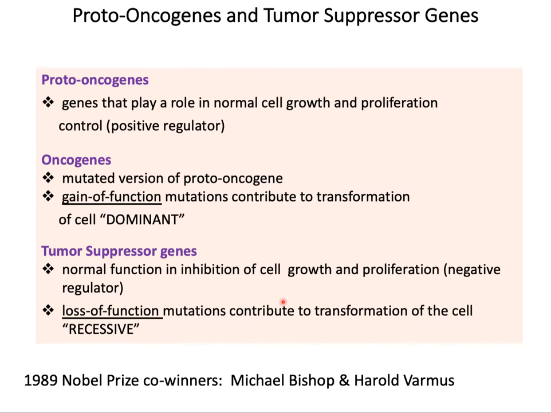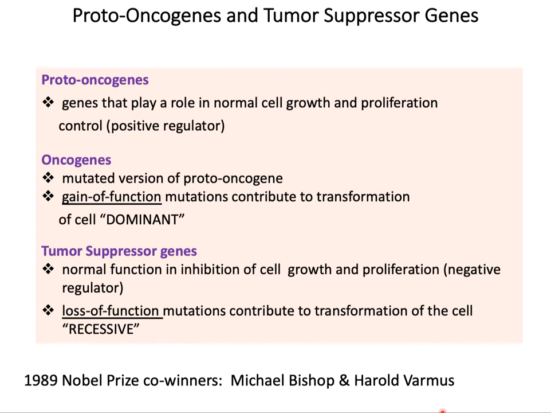I have to stress that these are genes that have normal function in the cell. When they are mutated, in the case of proto-oncogenes, they will have gain of function mutations. In the case of tumor suppressor genes, you have loss of function mutations, which contribute to the transformed phenotype.